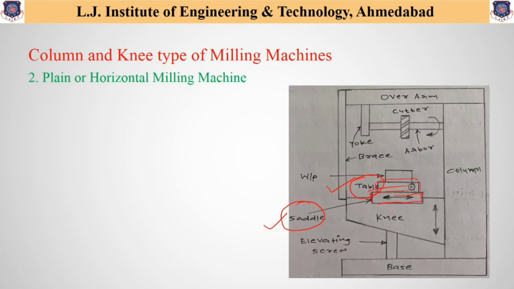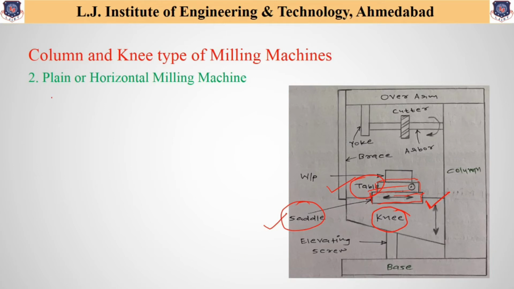So these two are the saddle and table. For cross movement of the saddle and table, horizontal guideways are provided on the top surface of the knee. So for the movement of the saddle and table, guideways are also provided on the knee. This is the basic explanation of the knee.